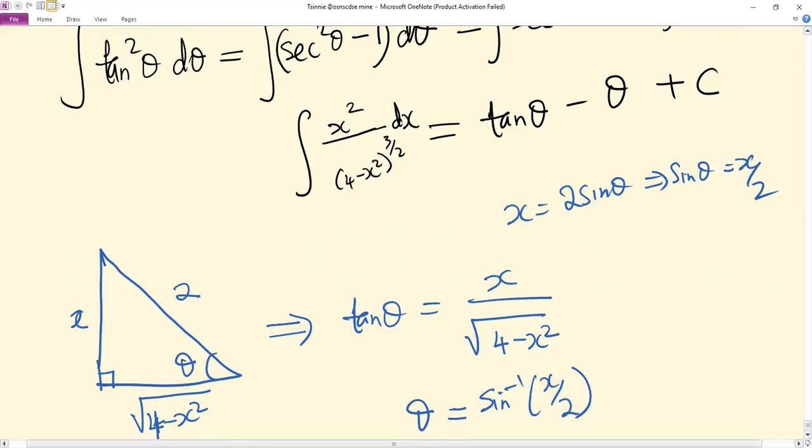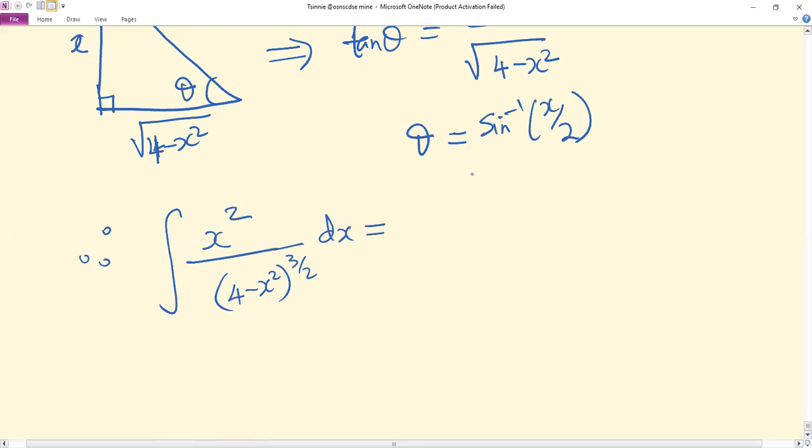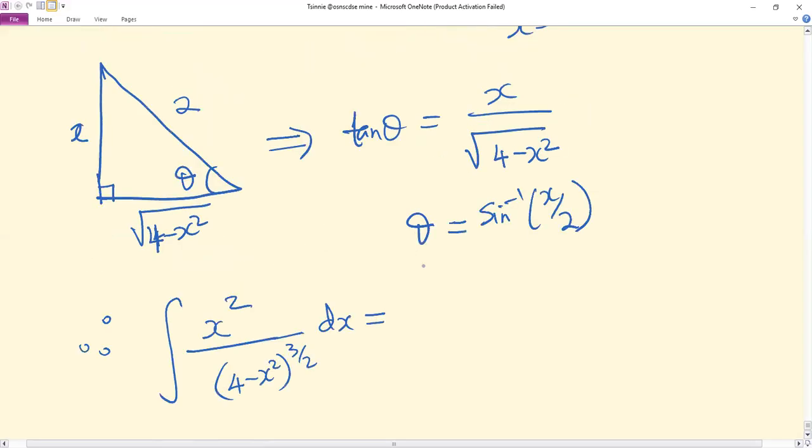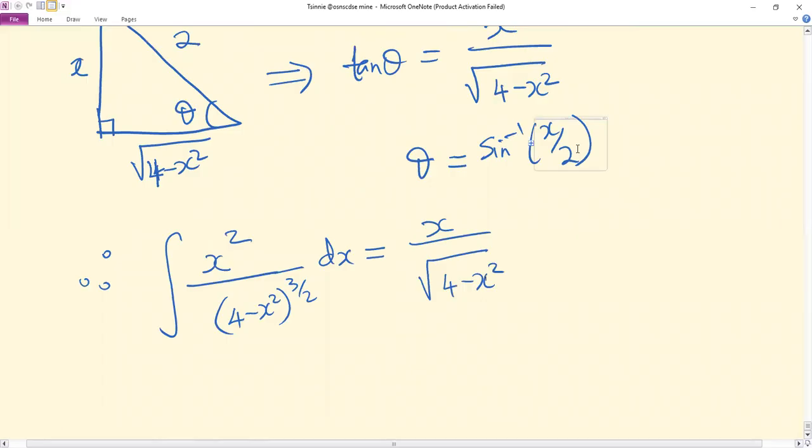So therefore, the integral of x squared over (4 minus x squared) raised to the power 3 over 2 dx is tan theta, which is x over the square root of 4 minus x squared, and then minus theta, but theta is sine inverse of x over 2, and then you add a constant of integration.